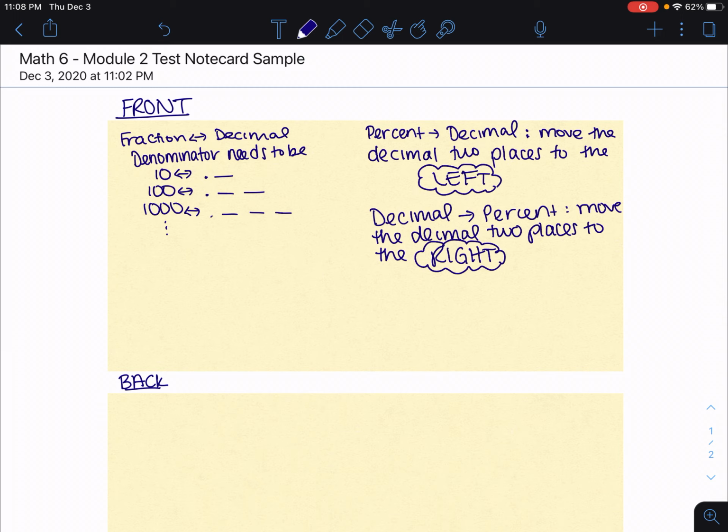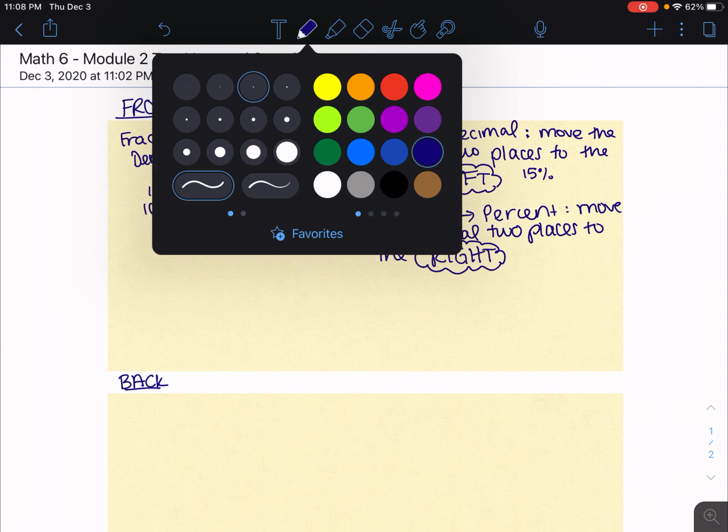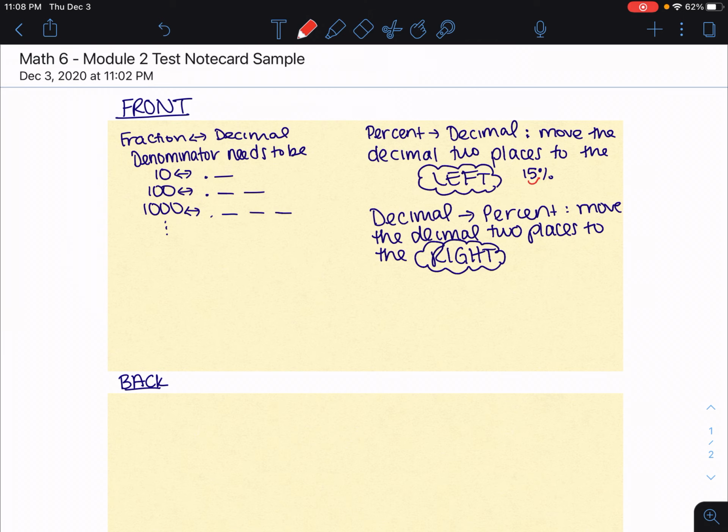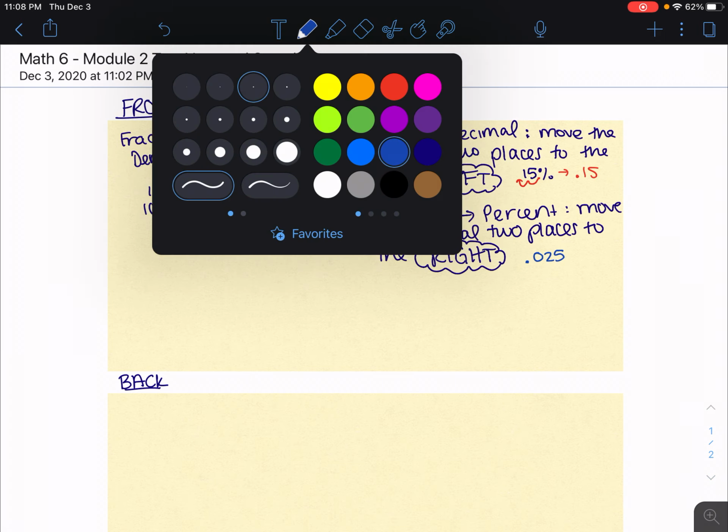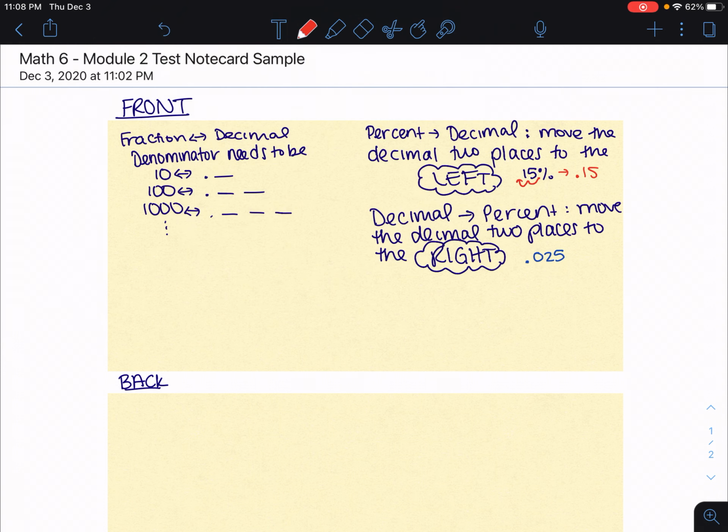So if I have 15%, it becomes 0.15. If I have 0.025, it becomes 2.5%.